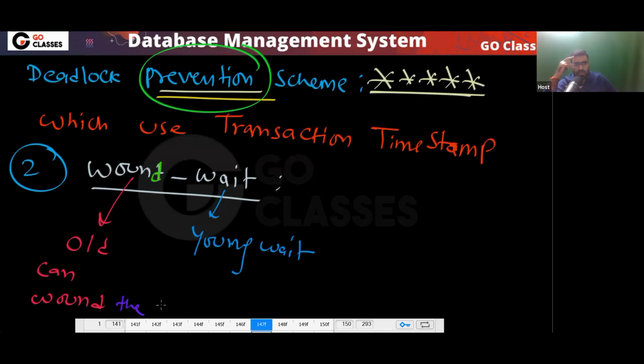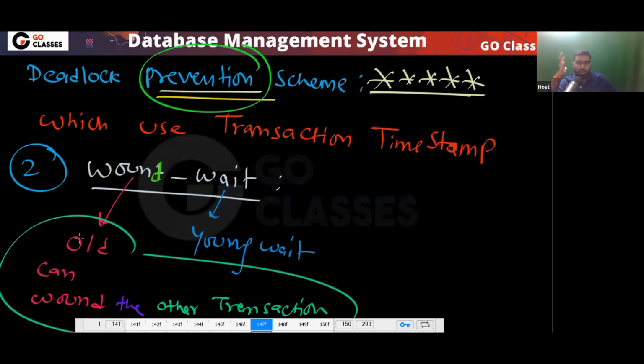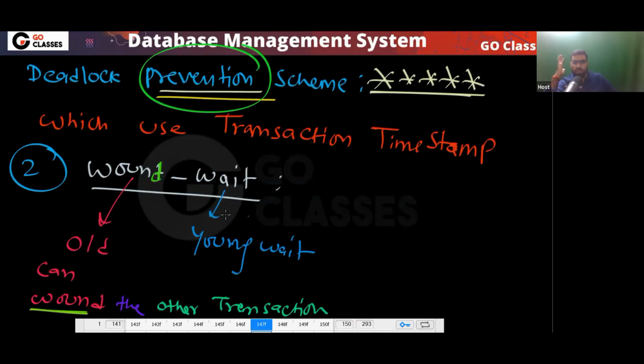Again, you can notice who is powerful, old or younger? Old is powerful because old can wound the other transaction. Wound simply means abort.